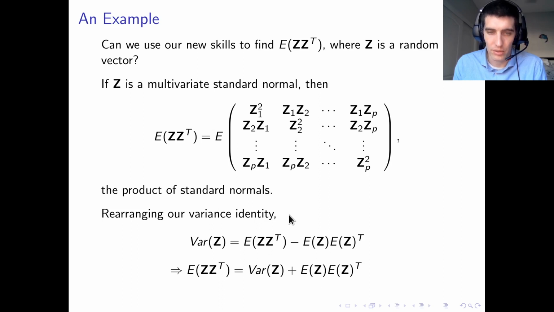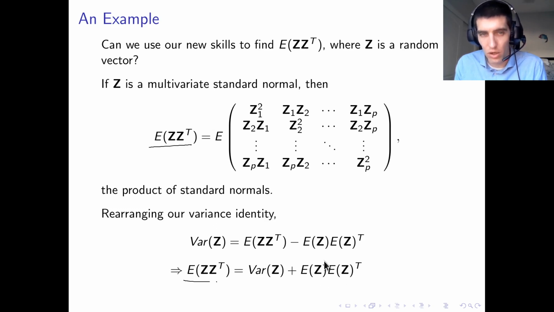We get that the expectation of ZZ transpose is equal to the variance plus the outer product of the expectations. Here what I'm doing is putting this piece over on the other side of the equation. Why is that important? Because what we want to find is this expected value, which is some covariance matrix plus the outer product of the expectations. But we know these terms. If Z is multivariate standard normal, the variance is the variance covariance matrix.